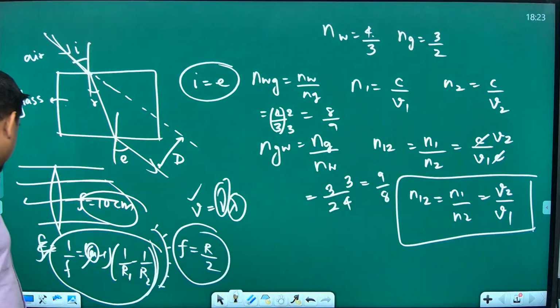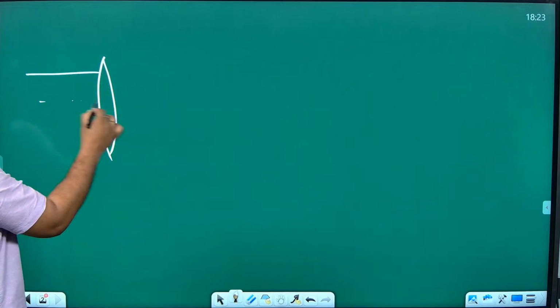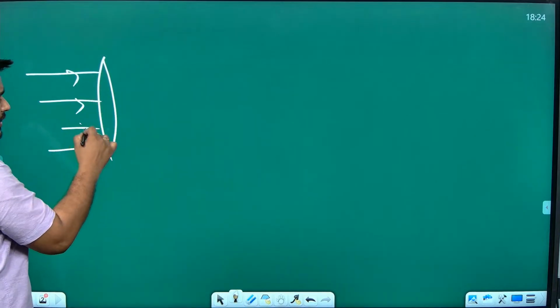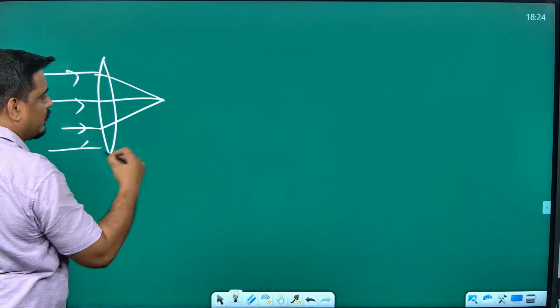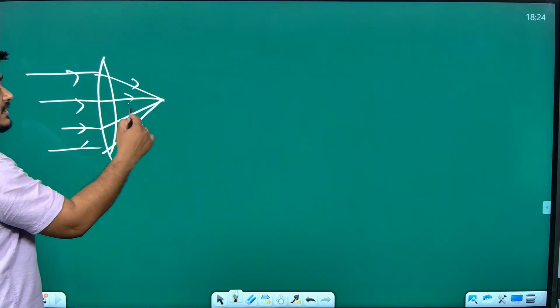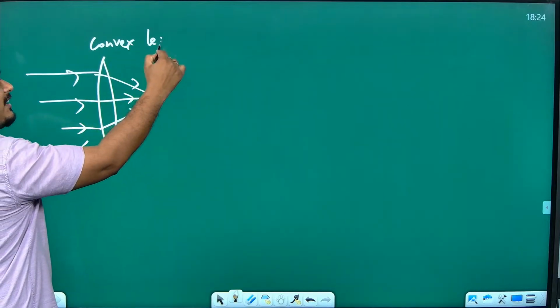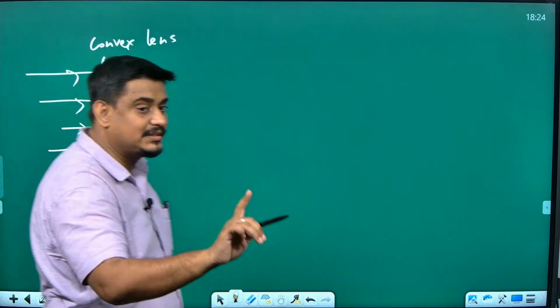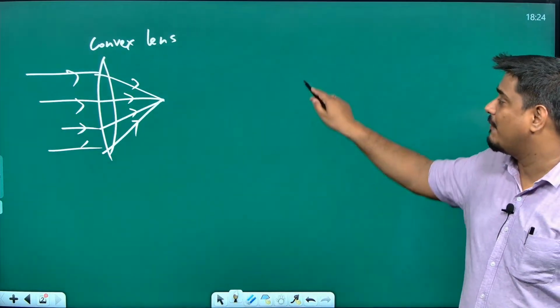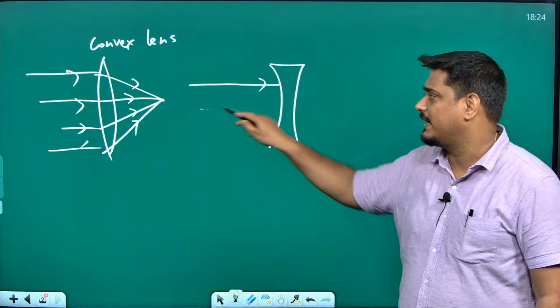Converging lens means it has a property that whenever light is falling on it, it will converge it to one point like this. This is the property of which lens? Convex lens. That's why a convex lens is called a converging lens. Same way, if you have a diverging lens and light falls on it, it means a concave lens.